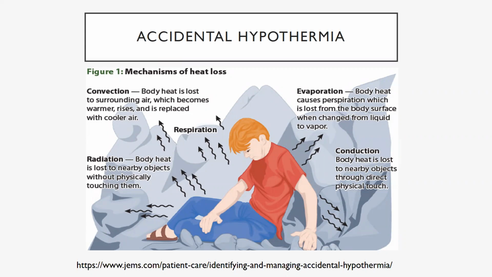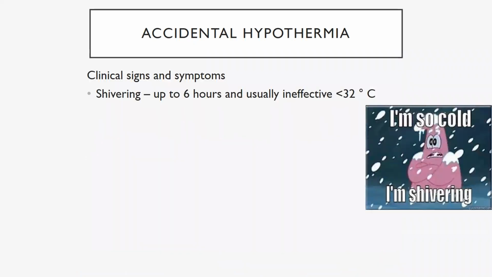Now, however, when the temperature drops below certain levels, shivering doesn't happen. It's not efficient, so people actually stop shivering after the temperature drops below a certain threshold. We talked about shivering. Usually you see that in the first 6 hours, and it usually becomes ineffective below 32 degrees Celsius.